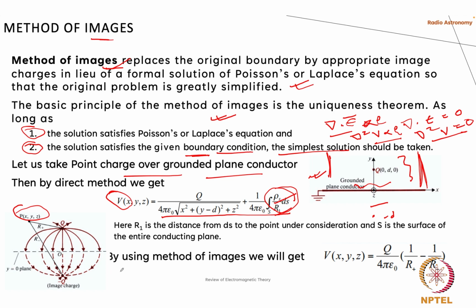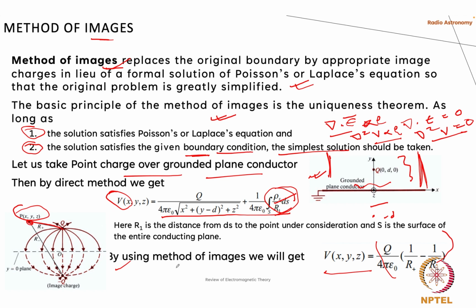Now if you use the method of images, due to this charge there will be an opposite charge, minus q, created below the surface, and you can calculate the potential as this, where r plus is the relative vector from q, and r minus is the relative vector from minus q.